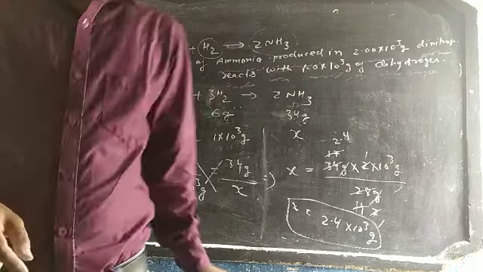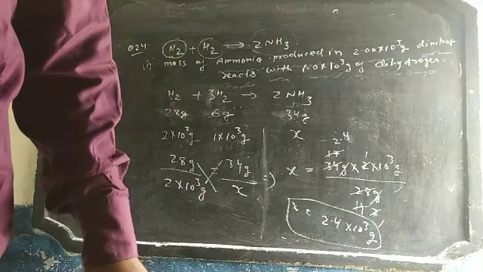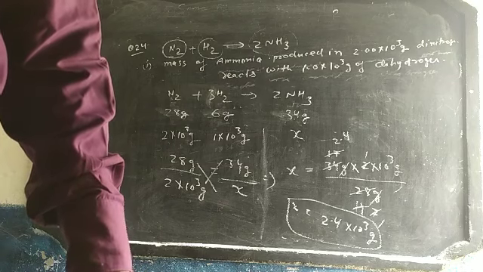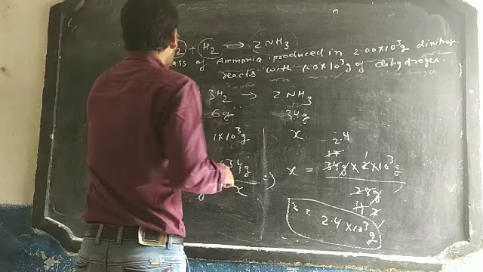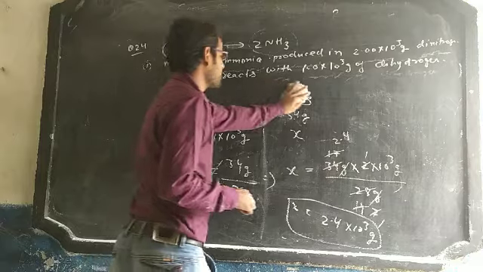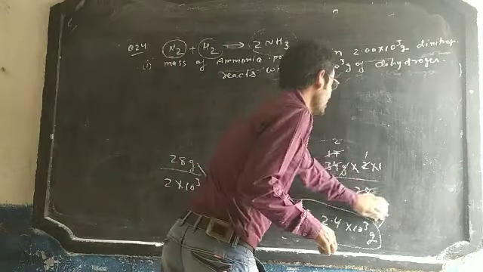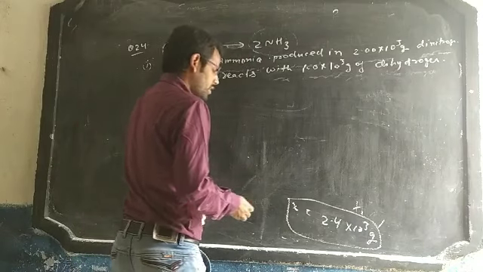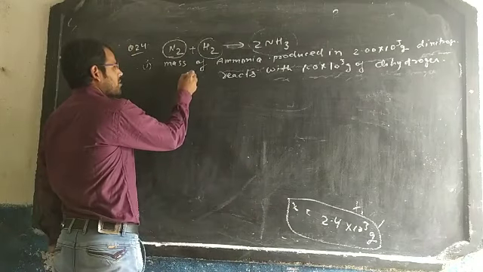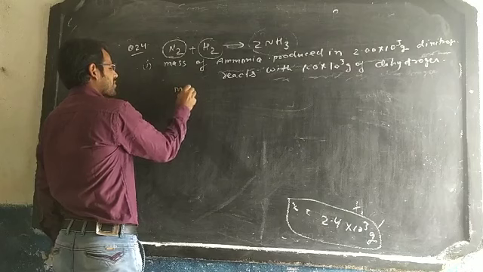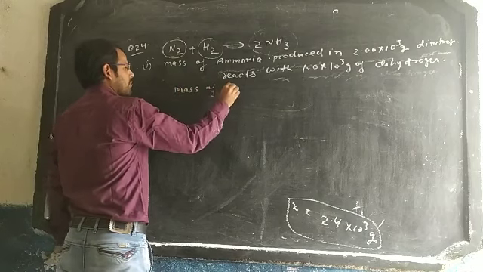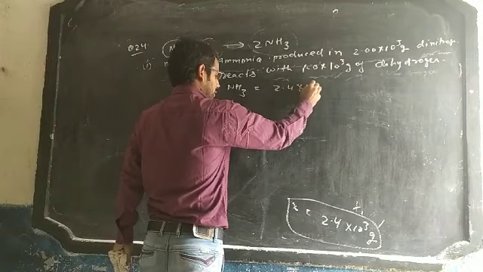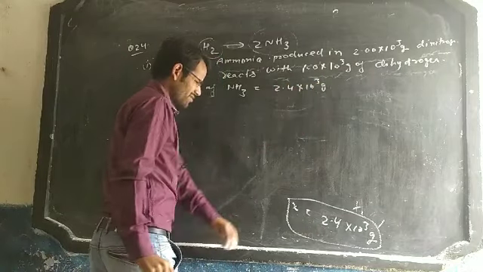Question second is: hydrogen is unreacted, hydrogen will remain unreacted. Now write down. How many grams of ammonia will be produced? The mass of NH3 produced is 2.4 × 10^3 gram.